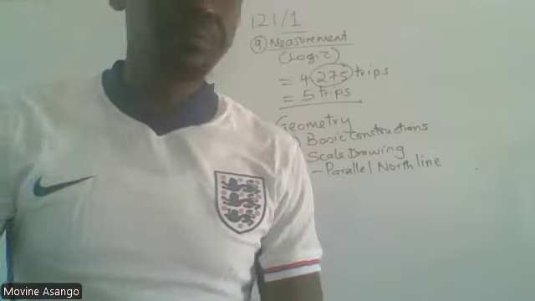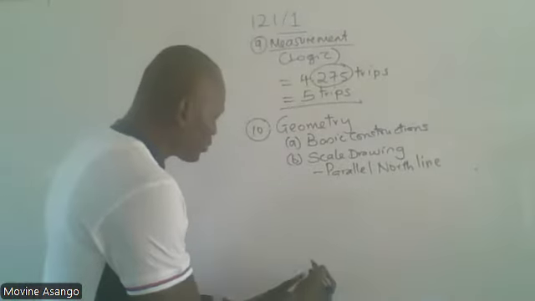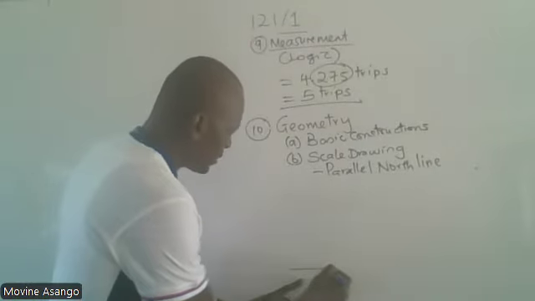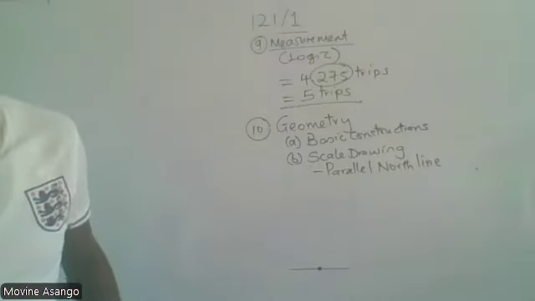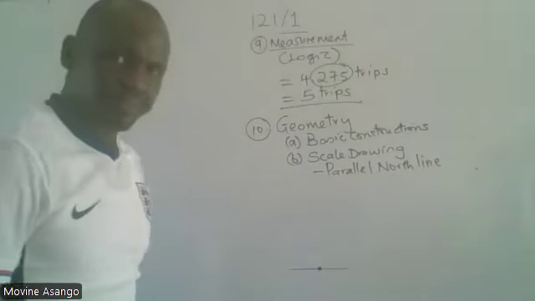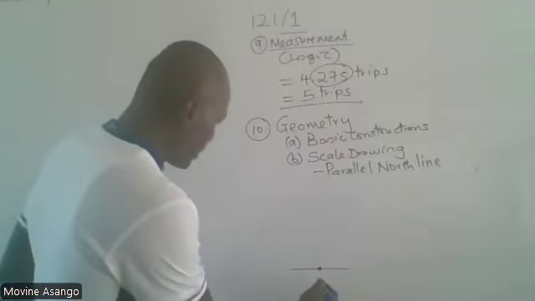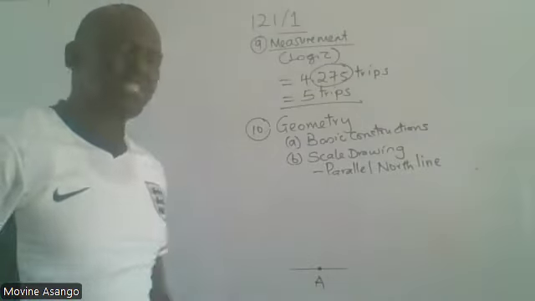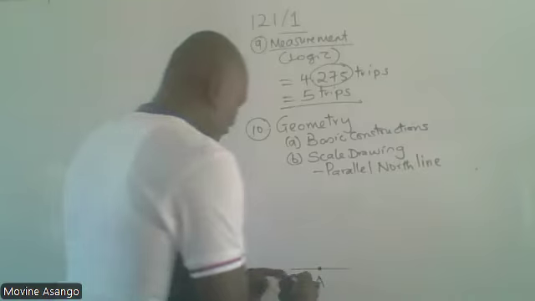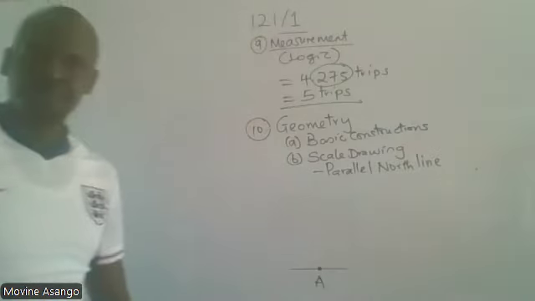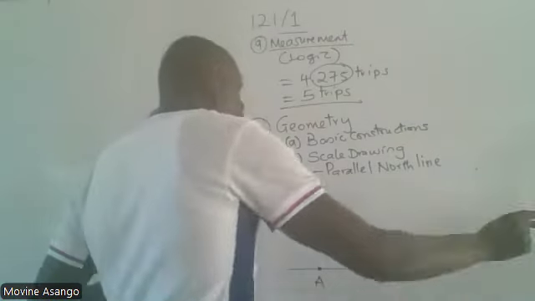All right. So I want to have my point A here. You will see what I'm doing. This is my point A. But I must begin with a vertical line, the north line. I have done my horizontal line, which I've just used a ruler to draw.